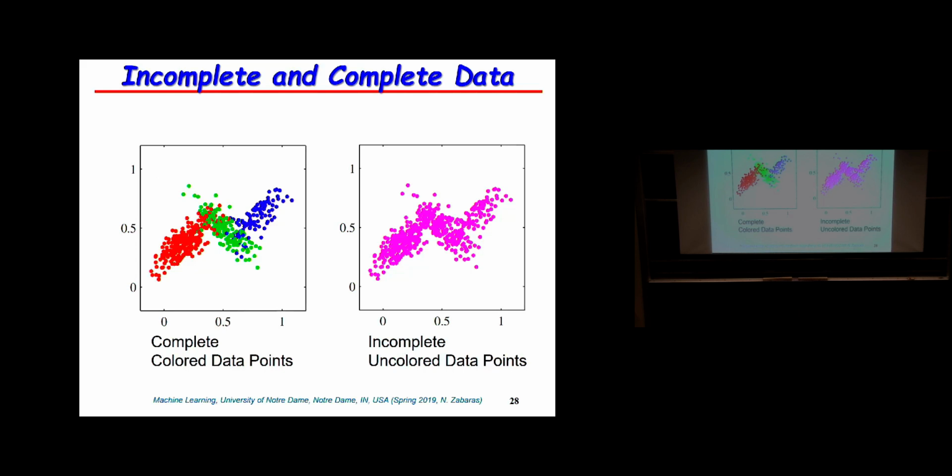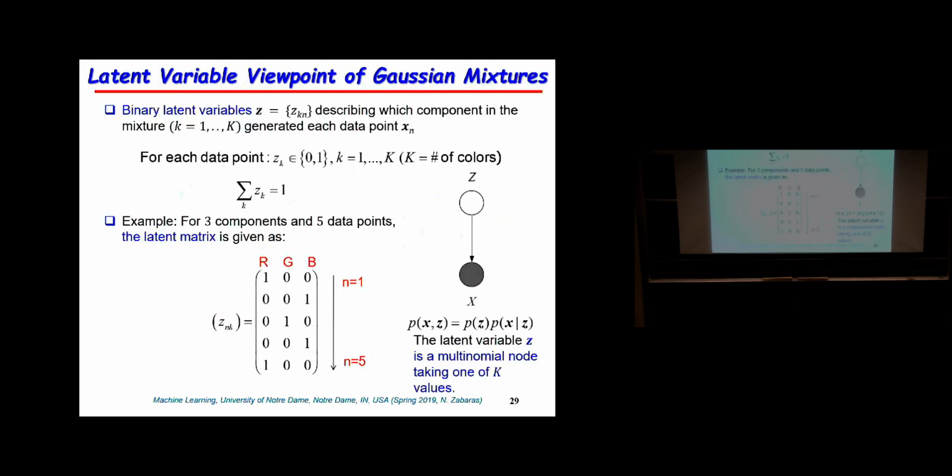All right, so this is the task. Basically, can we extract the information that you see on the left from the picture on the right? So we started by introducing a latent variable for each point x. We call that latent variable z. So z is the coloring that tells me from what Gaussian each point x comes.